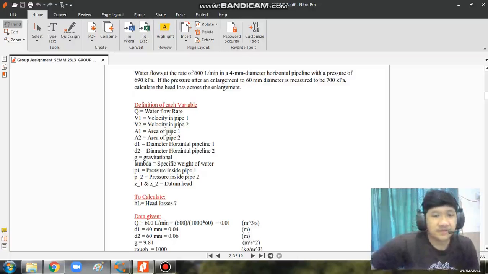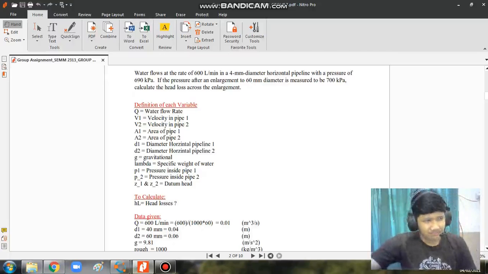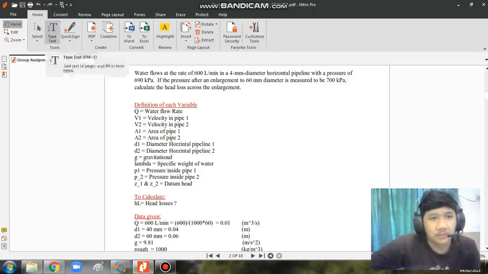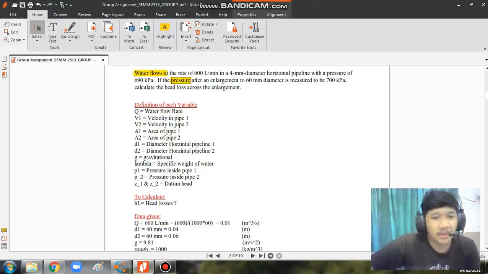The gravitational acceleration of the earth is around 9.805, but here I use 9.81. The lambda is the specific weight of water. Because this question is about water flow, that's why we will use water for the lambda.